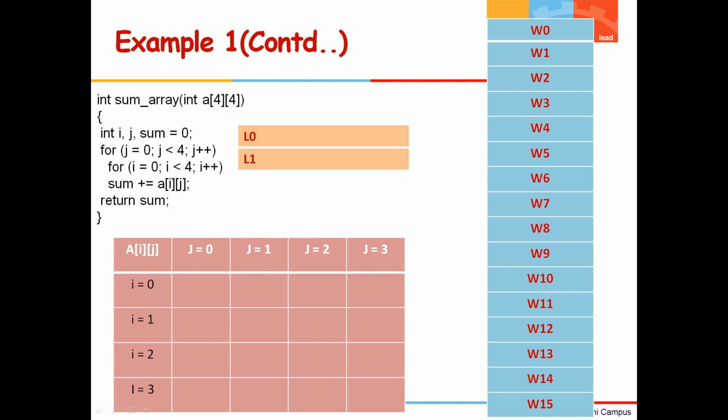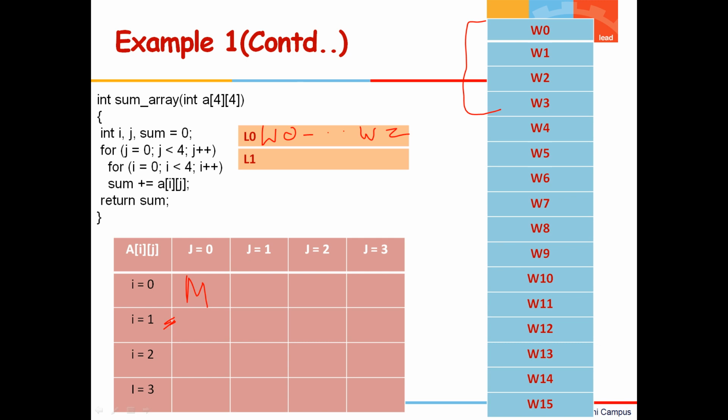So what is going to happen is, when the array starts filling in the cache, there is nothing in the cache, so there will be a miss. Once the miss occurs, this entire block will be loaded. So the first one, W0 to W3, will be loaded. Now the next one is going to be 1, comma 0.